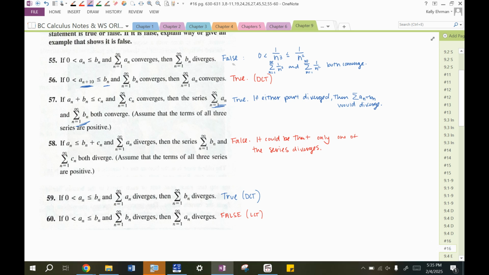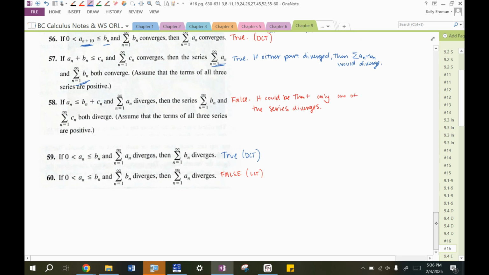And if C converges, there's no way that one of them underneath diverges. 58 says A is less than B plus C. A diverges, so the one below diverges, then the ones on top have to diverge. It's true that could be a scenario, but it could be that B converges and C diverges, or vice versa. It could be that just one of them diverges. That's similar to what I was saying in 57. You only need one part to diverge for the whole sum to diverge.